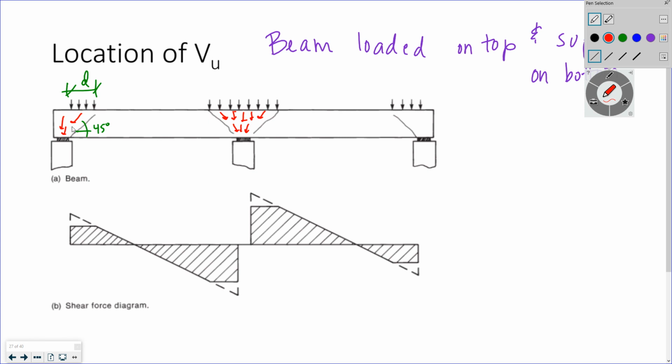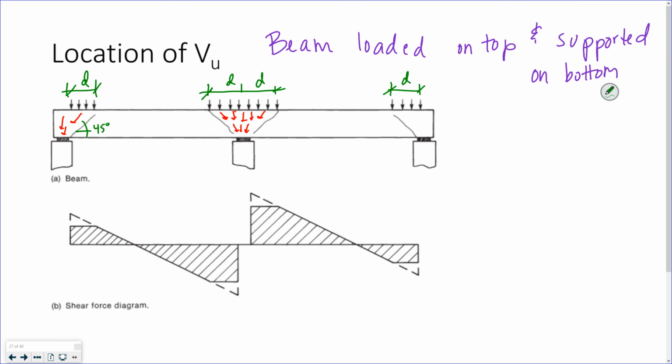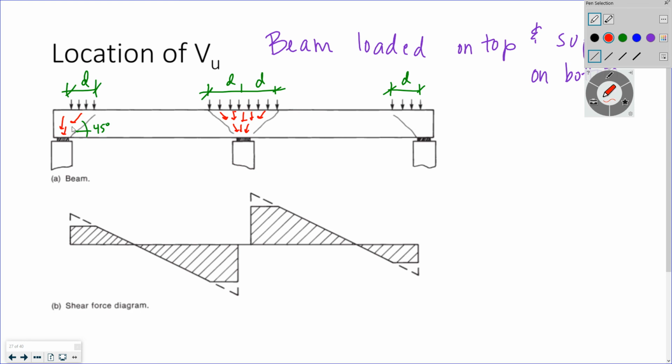It's just a straight compression force into the column. So because of that, and here it'd be d on either side of the column. Here it'd be a distance d, again, your load's going right there.